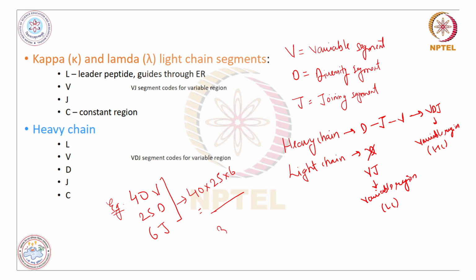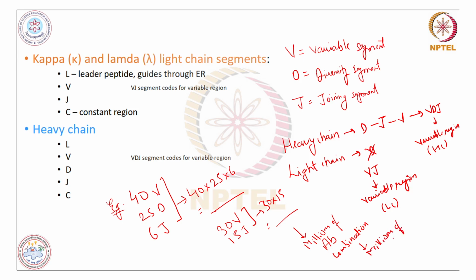Suppose we have 30 V and 15 J, then we have 30 into 15 combinations. So by combining both, we will have millions of possible antibody combinations, which are responsible for binding to millions of different antigens.